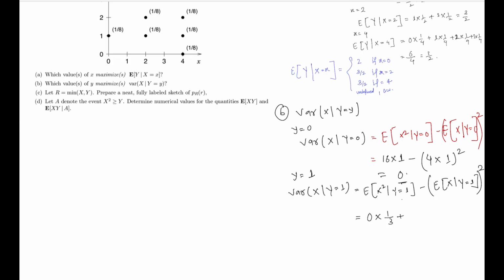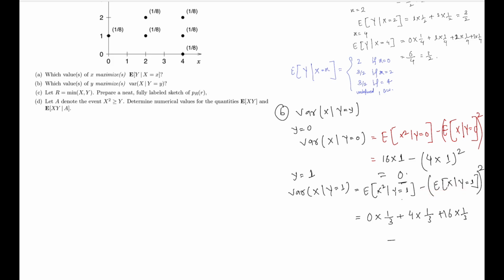Plus x takes the value 2, so x square takes the value 4, with the probability 1 divided by 3. Similarly, x takes the value 4, so x square takes the value 16, with the probability 1 divided by 3, minus this part.